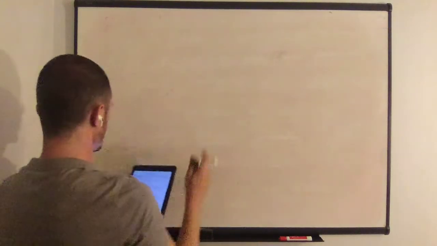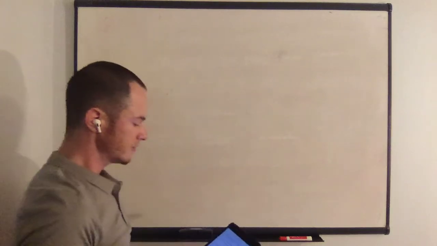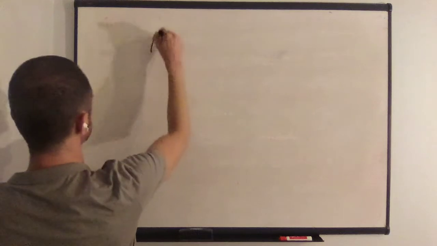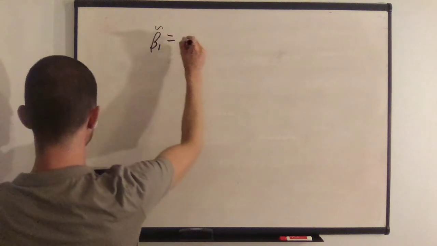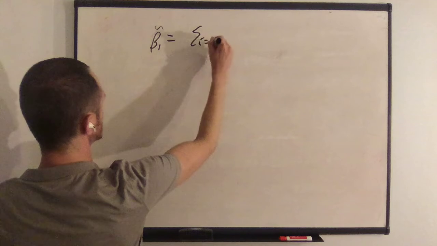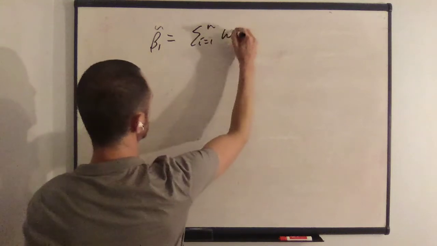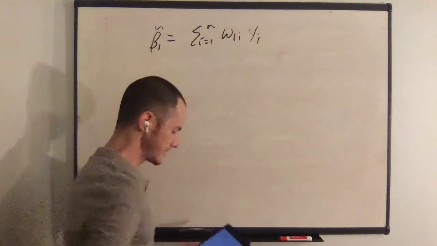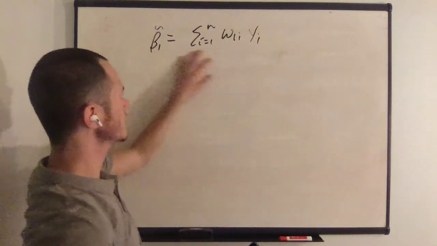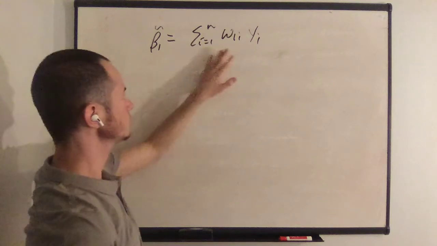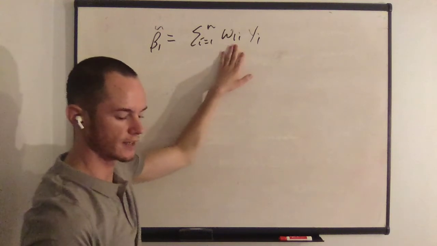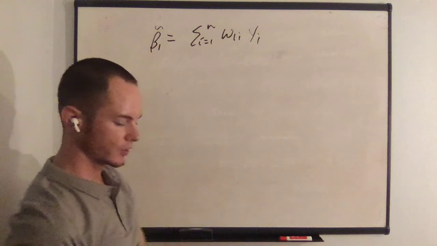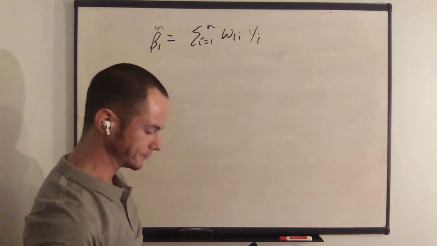So we define an estimator as linear in the coefficients, like so. Beta 1 tilde equal to the sum from i equals 1 to n of w1i times yi. This estimator, beta 1 tilde, is linear in the coefficients. This w1i represents a function of the independent variables x1 through xk.